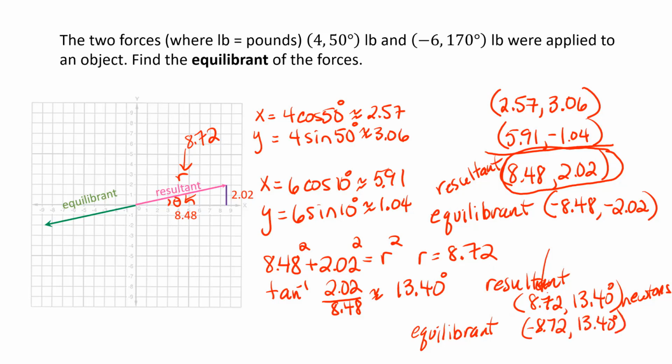So we go the 13.40°, and instead of going this way, the positive 8.72, we go that way for the 8.72. So it's pretty simple to change the resultant to the equilibrant just by using the negative r. And that's going to be newtons.